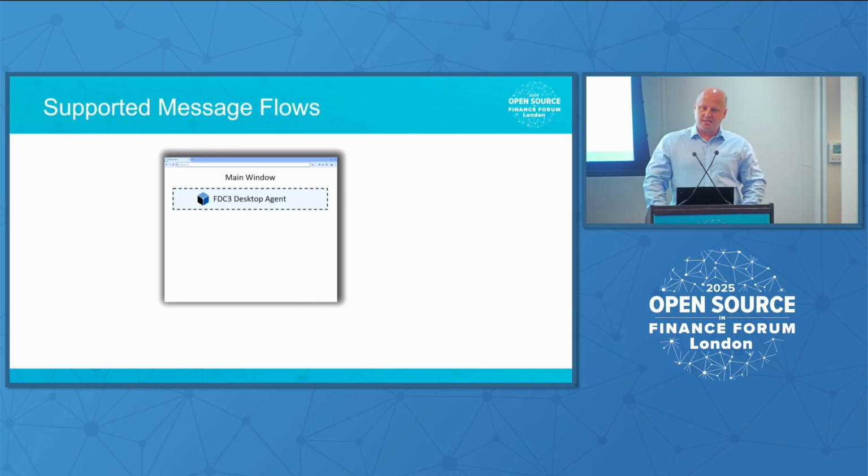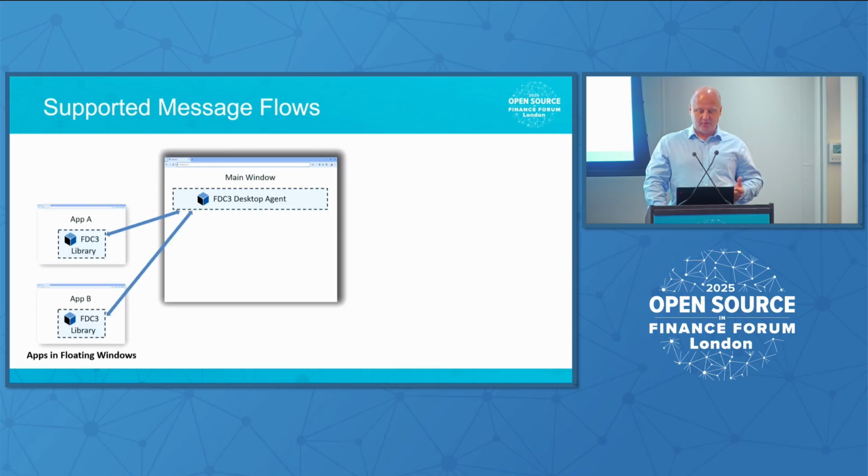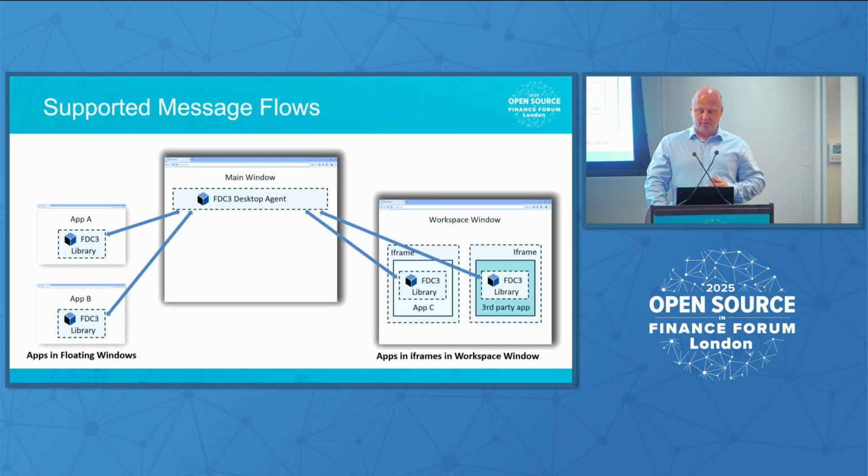So just to visualize this in terms of some message flows, for example, if you've got a main window running an FDC3 desktop agent, right now today with FDC3, we can support apps running in floating windows, and we can use FDC3 interop with those. And then we can do the same when we have apps running in iframes in a workspace window.